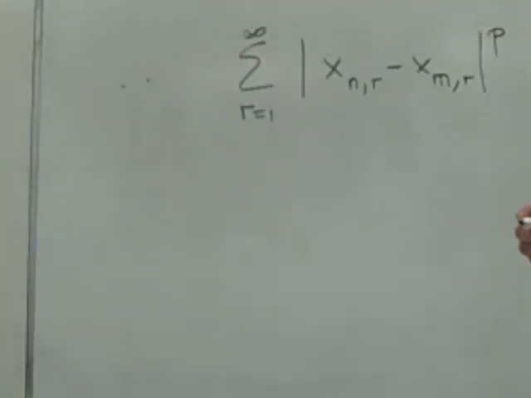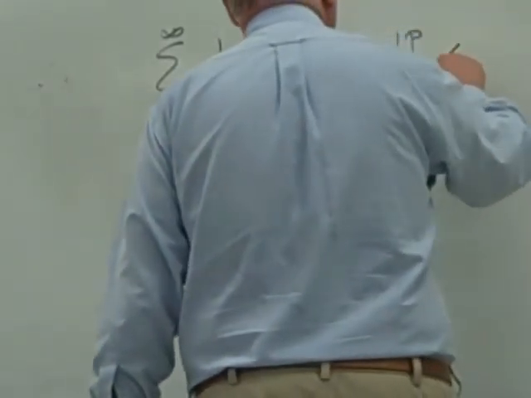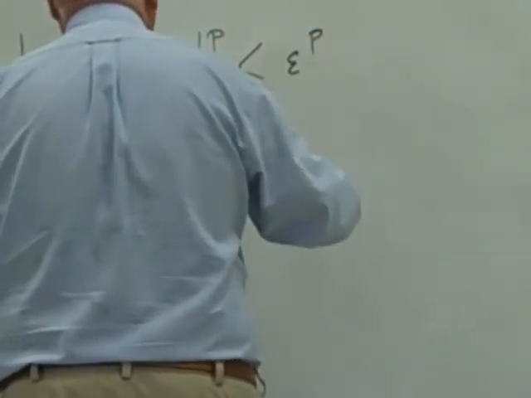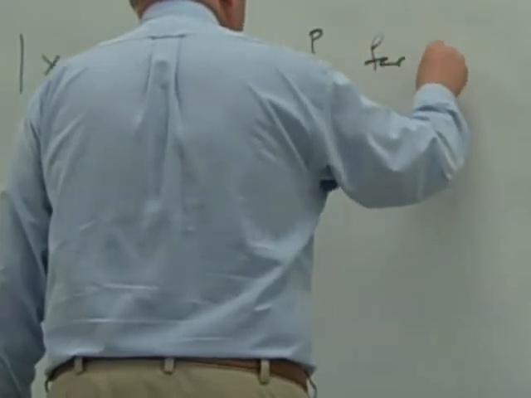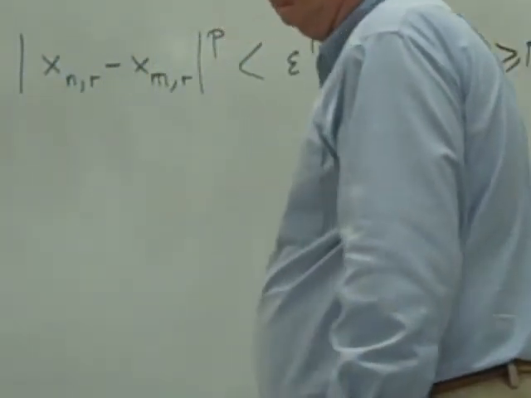Now, to get the norm, we would have to do a 1 over p, but I'm going to raise everything to the pth power for convenience. So this will be less than epsilon to the p for all m and n greater than or equal to capital N.